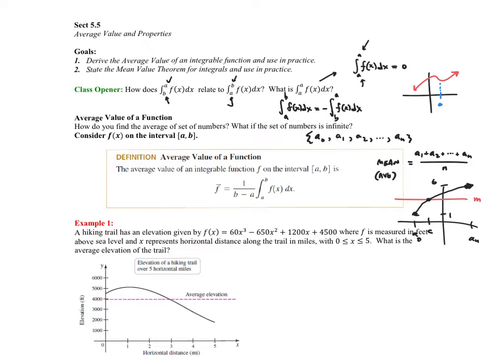Now, if it's discrete, like the example above, a0, a1, a2, all that stuff, I should have put a0 in there. I didn't do that. I should have. Okay, let's say it's discrete. Let's say a0, a1, a2, up to a3.